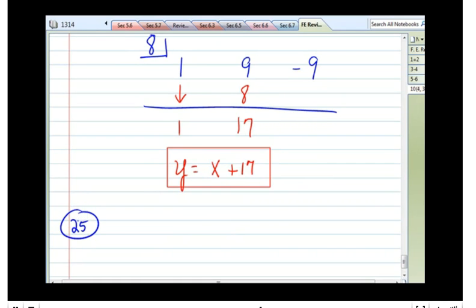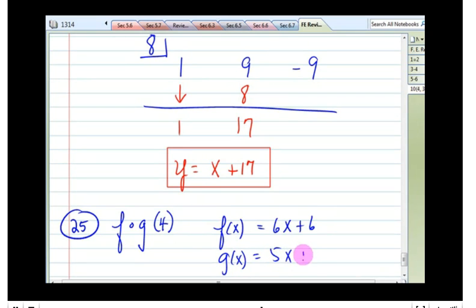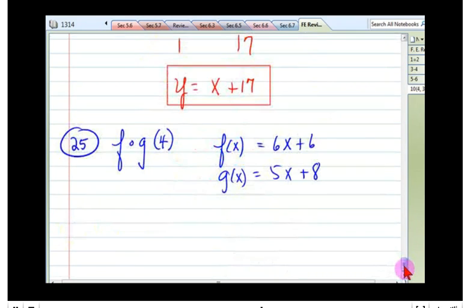All right, 25. Some of us got these really well and some not so much. So let's look at these, the compositions. F of x is 6x plus 6, and g of x is 5x plus 8. So remember that you go right to left, okay? And so you've got to find g of 4. That means plug 4 into the g function.